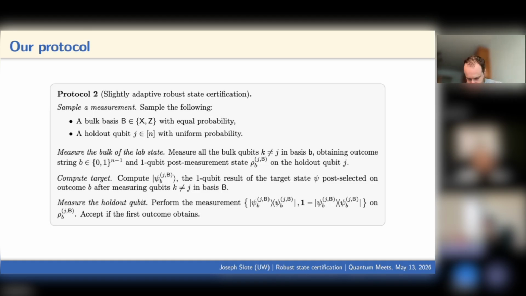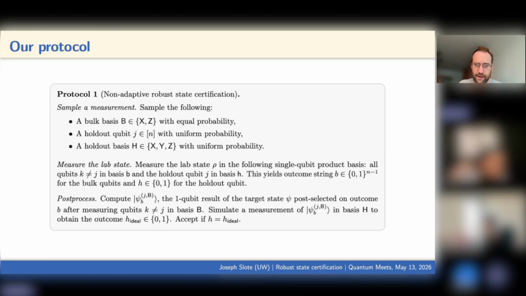But then also this holdout qubit is measured independently. Yeah. We can go back one more. Right. But this is the same as in the Huang, Preskill, Soleimanifar paper. The holdout qubit is measured in a random Pauli basis. This is the same. Okay, I see.